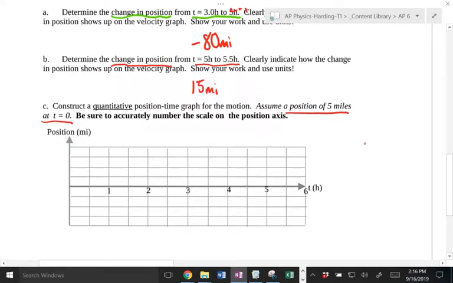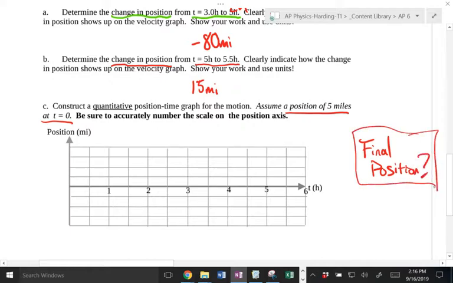Hey, over there in the pair deck then too, I'm looking for your final position. Once you've got your graph. Plus C, bro.